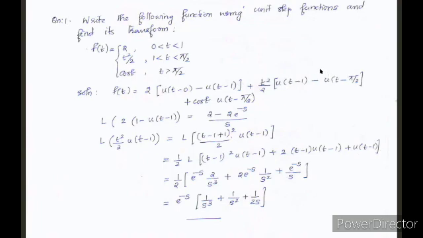Next aim is to find the Laplace transform of t square by 2 into u of t minus pi by 2. Again, we have to rewrite the function t square as t minus pi by 2 plus pi by 2, the whole square by 2 into u of t minus pi by 2.